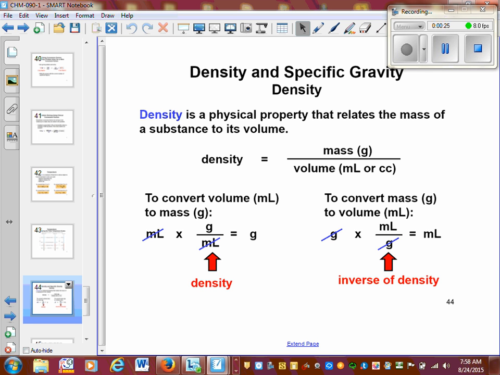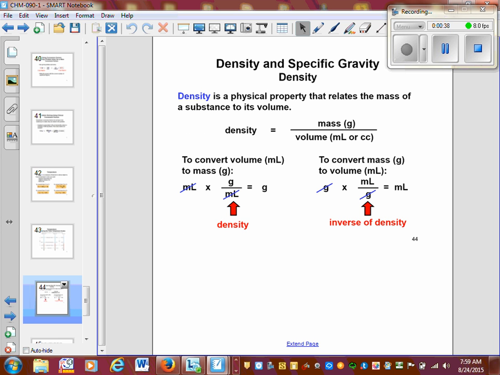So we talked about density, it's mass over volume. So we can look at density is equal to mass over volume. We can rearrange that equation. So if we know the density and the volume, we can figure out the mass.